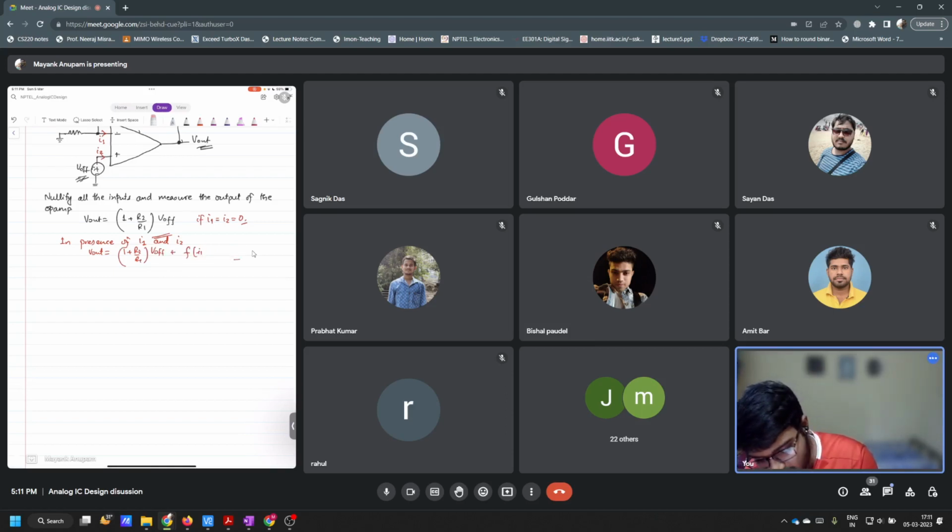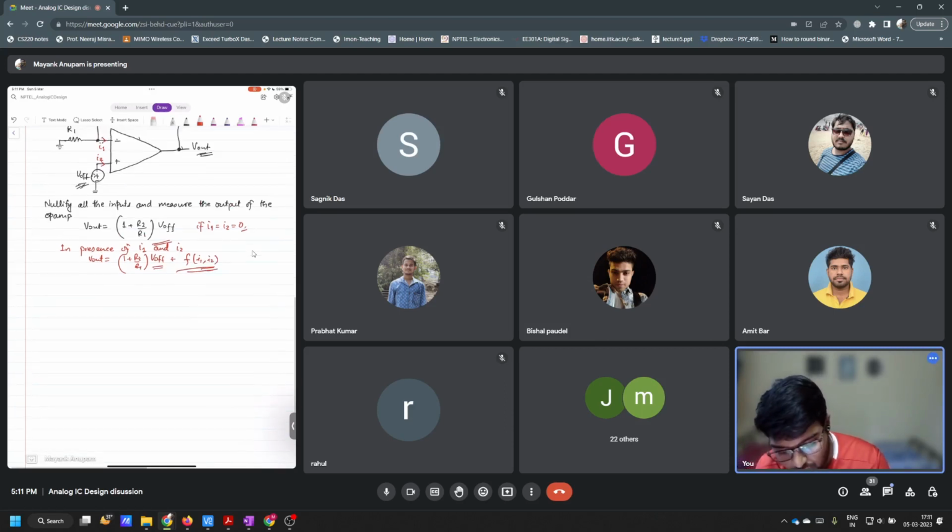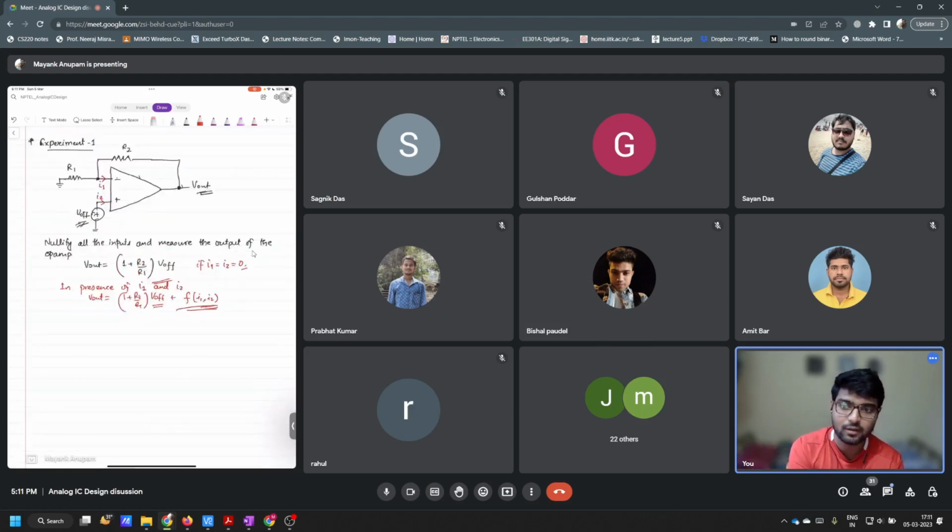So you cannot directly find out V offset from this equation anymore. Now you need two more equations to find out how I1 and I2 affect the overall system, right?